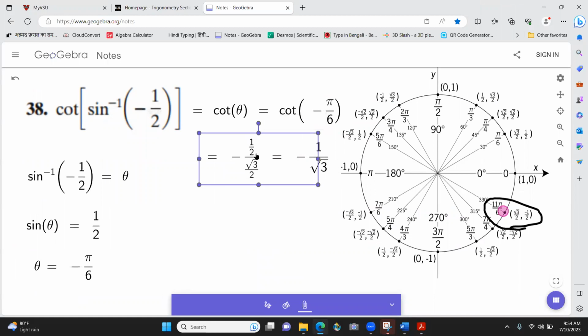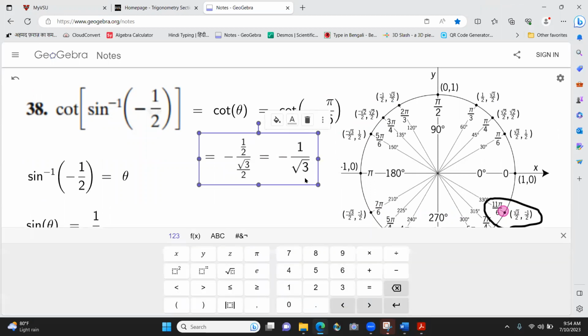I made a stupid mistake. Let's fix it. I flipped it. So this is this over. Now I cancel the bottom twos and my answer will be this. I'm sorry about that, guys. Fixed.